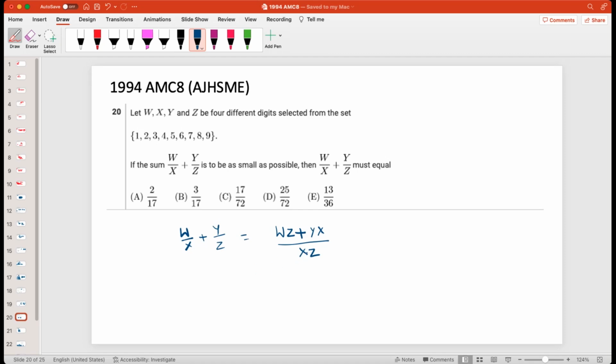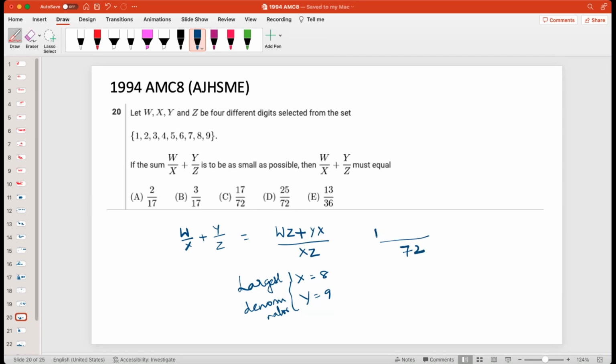So I will take X to be 8 and Z to be 9. Right. So X I will assume to be 8, Z to be 9, because the denominator has to be the largest. So this will become 72. 9 8s are 72.